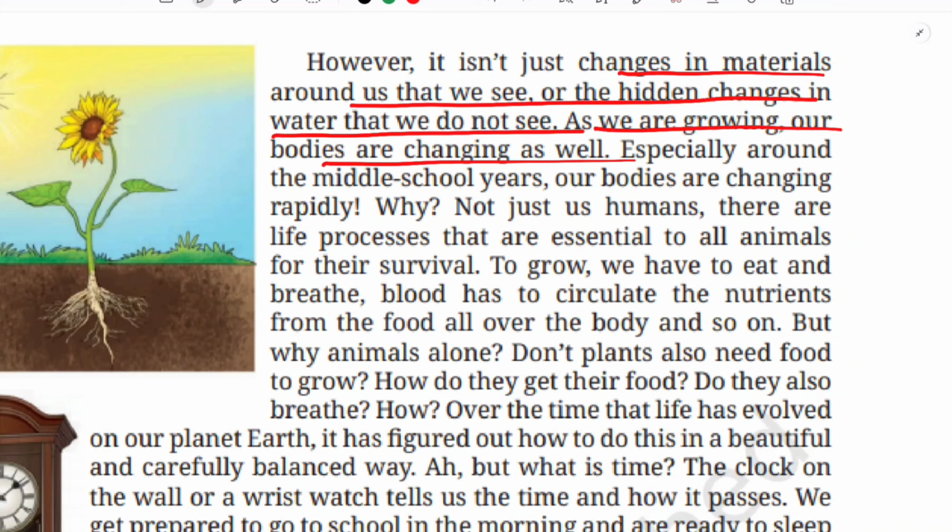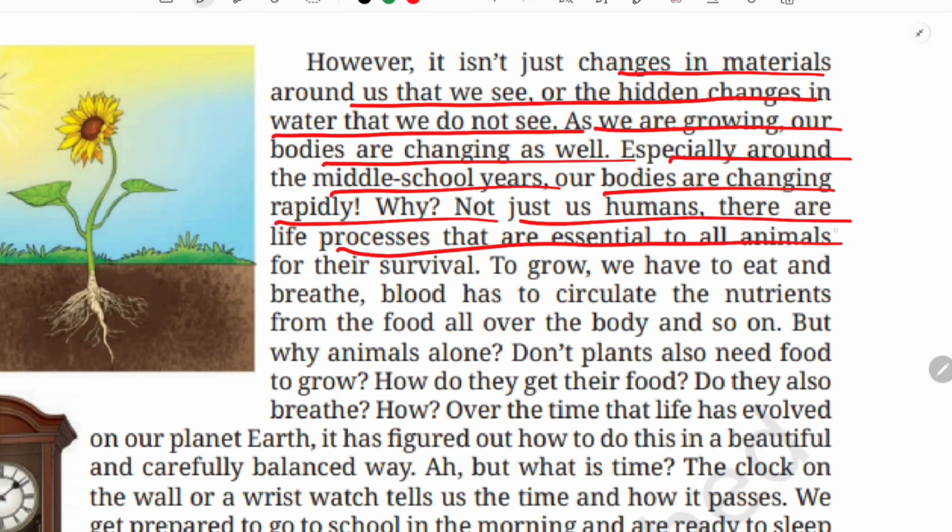And the school shoes which you wore last year in class 6 don't fit you this year, because you are growing, isn't it? So especially around middle school age, our bodies are changing rapidly. Not just us humans, there are life processes that are essential to all animals for their survival.